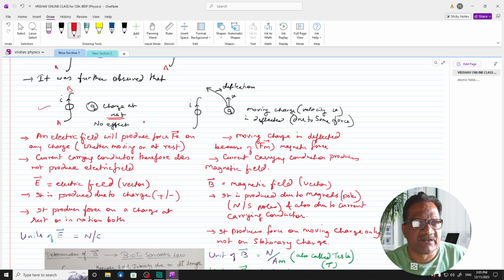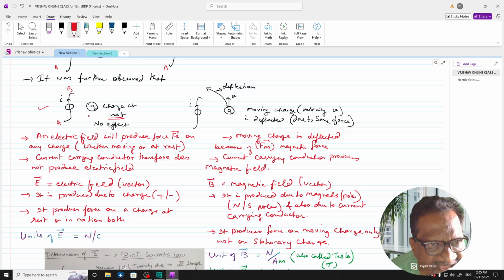Now what happens, you can see no magnetic effect taking place over here. That means the charge which is at rest nearby to a current carrying conductor does not show any effect. It is neither being moved, nor attracted, nor repelled. Nothing is happening to this charge which is at rest.